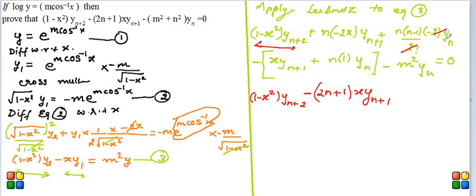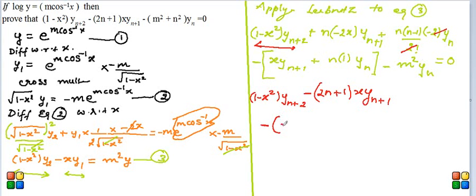If I take yn common from 3rd, 5th and 6th, then we are left with this minus. Here also is there, and in this case also it's minus. All the three are with a minus sign, so I am taking minus common, and yn is also common.